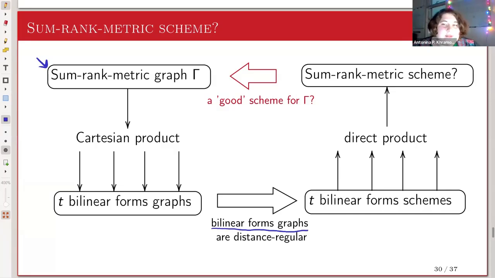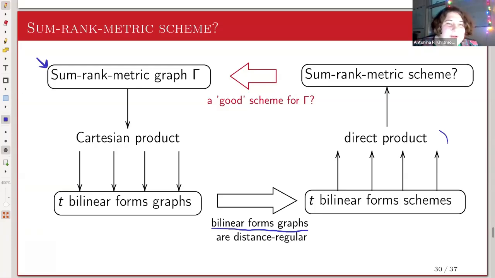And now we have this direct product operation to combine them into one big scheme. And the question is, what is the scheme that can be connected back to the summary metric graph from which we started? Is it a good scheme to run the Delsarte LP on?